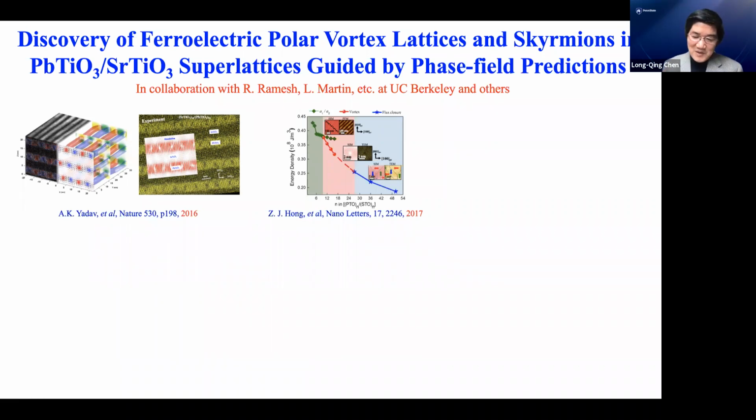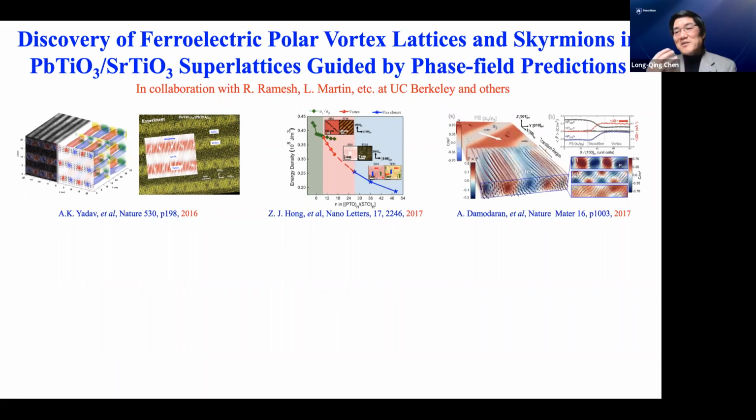And also if you change temperature, or if you apply a field, you can manipulate all these polarization distributions. Not only can you have different domain states, but they can have coexisting states.